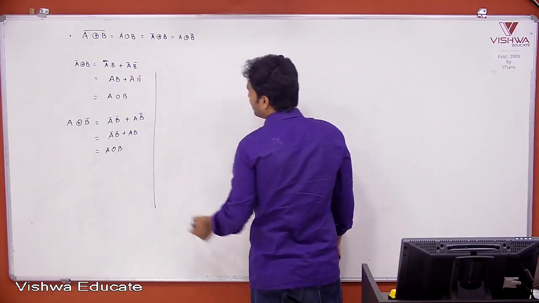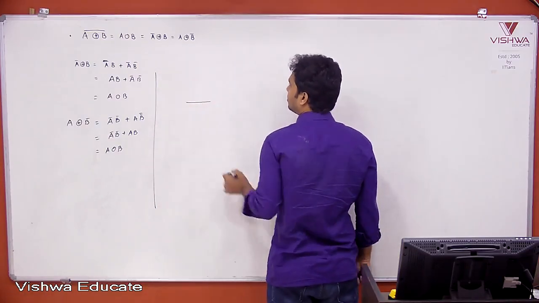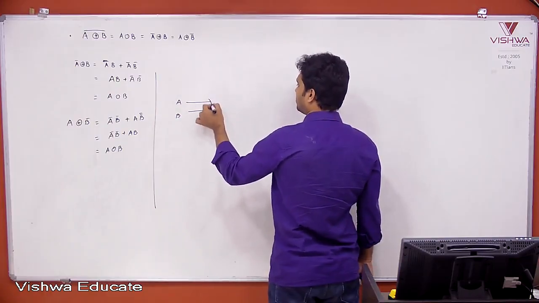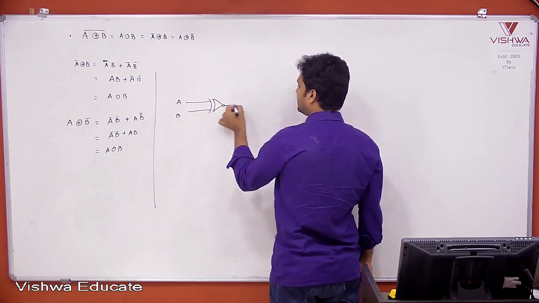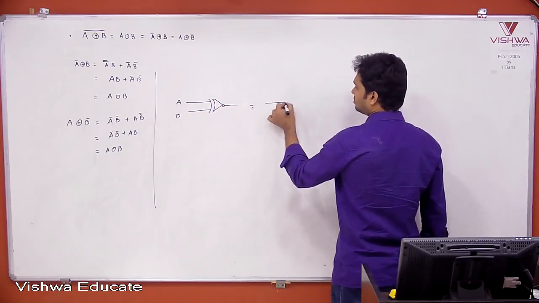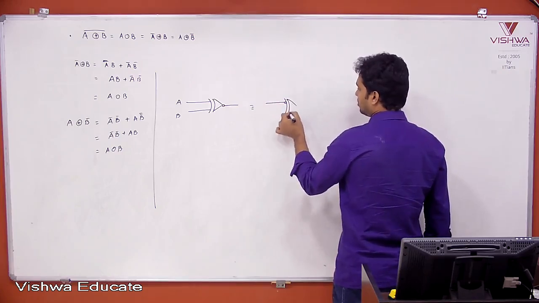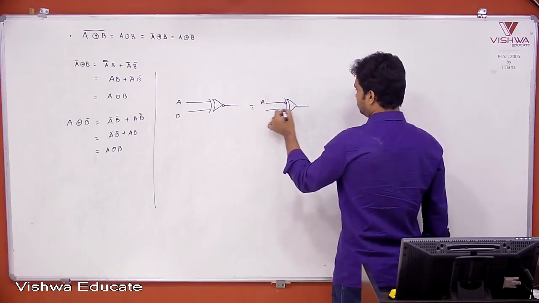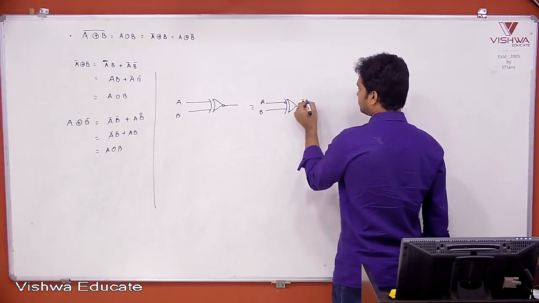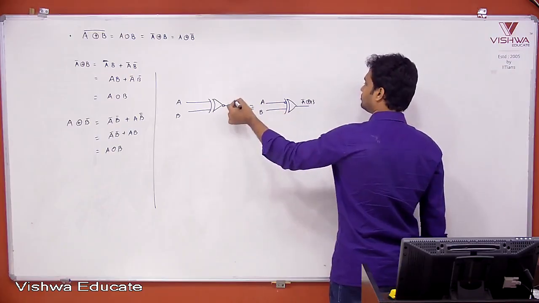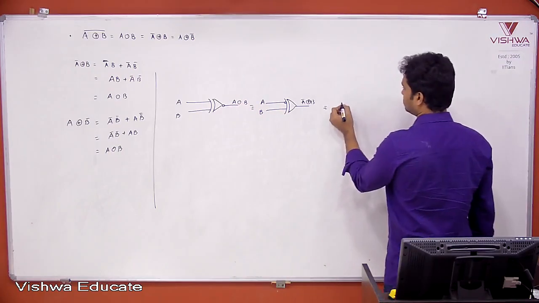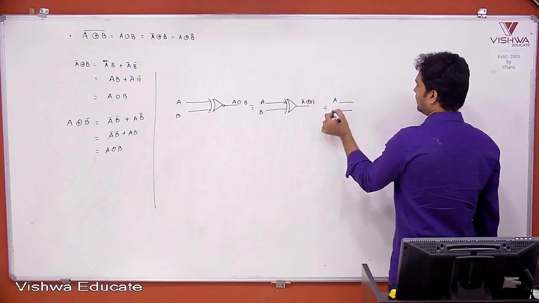With the help of a figure, we can show it like this. A XOR B whole bar is your A XNOR B. Now it is equal to A bar XOR with B, and this is equal to A XOR with B bar.